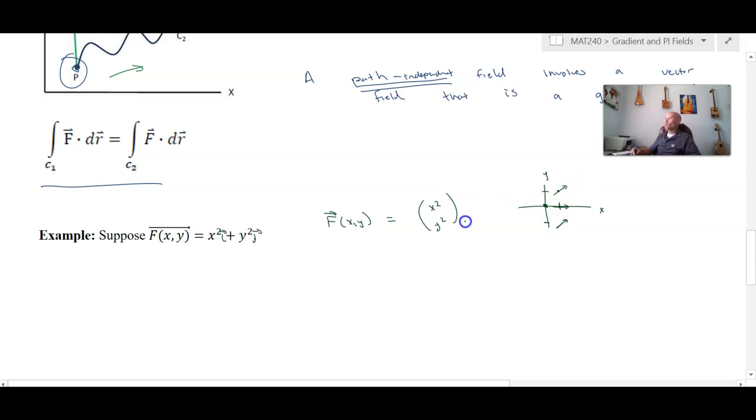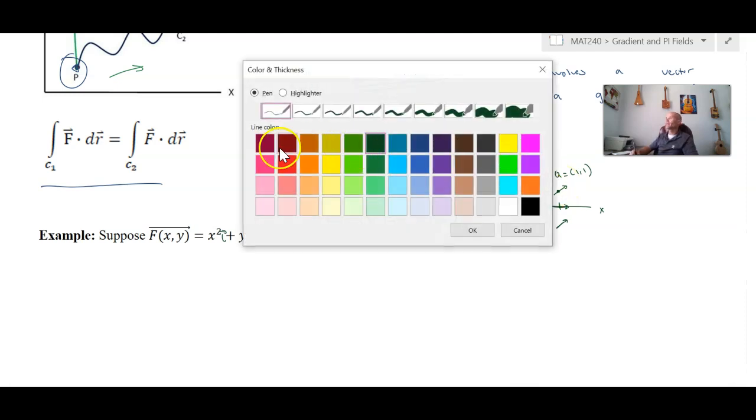So let's say that we pick two different paths. Maybe we want to go from the point 0, 0. We'll say p equals the point 0, 0, and we'll say that q equals the point 1, 1. And we want to think about the path that we take to get there.